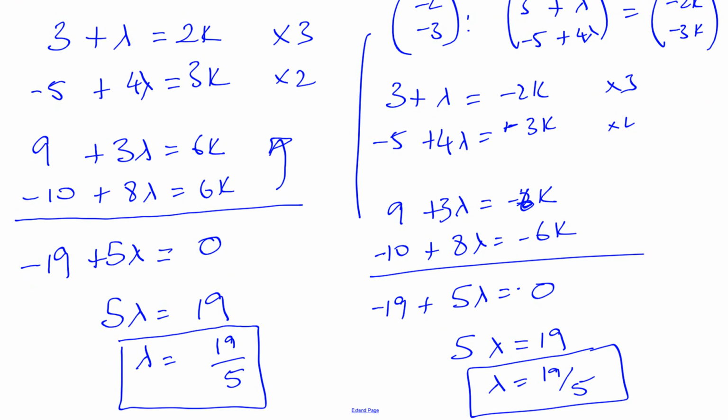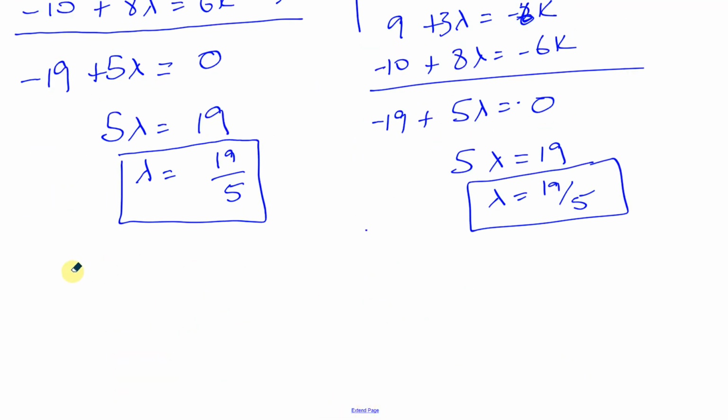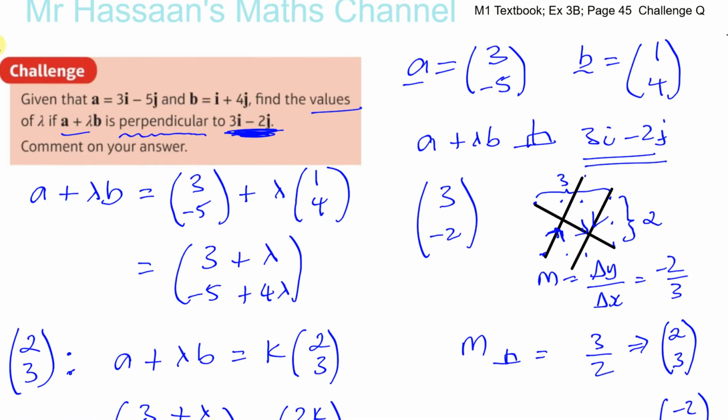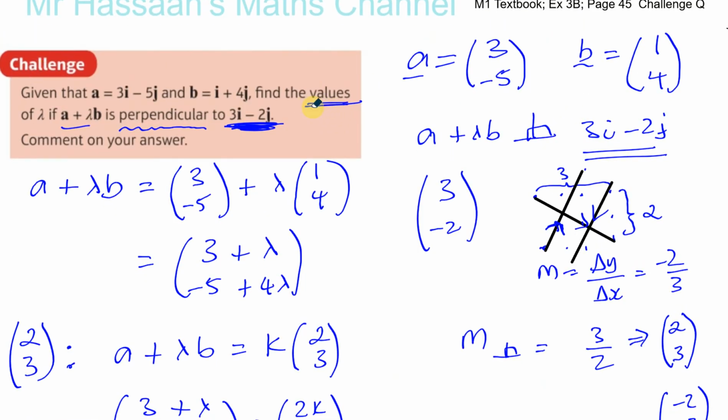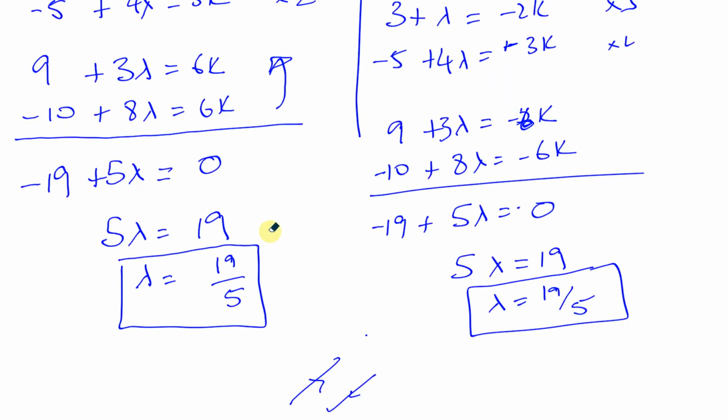So basically we see that our answer for lambda is the same answer in both cases. Whether it's going in one direction or the other direction, our value for lambda will be exactly the same. And you do notice they said values, so there's more than one value you could find. However, those values are both the same in either case. So that's what they're intending here.